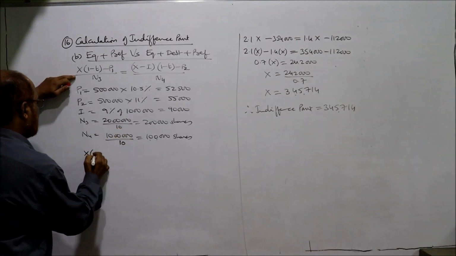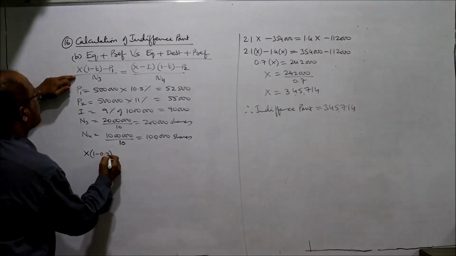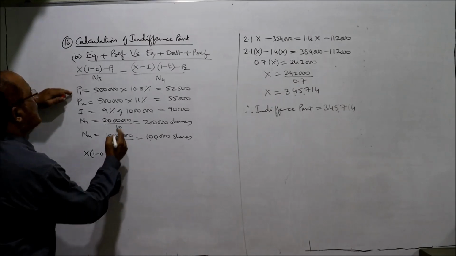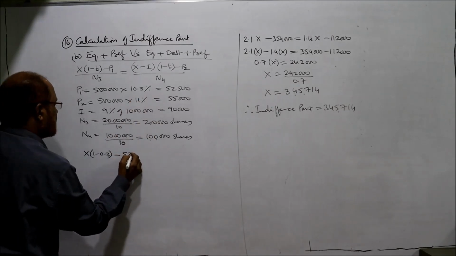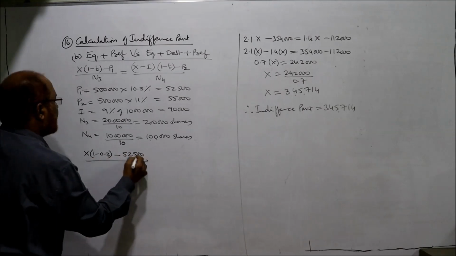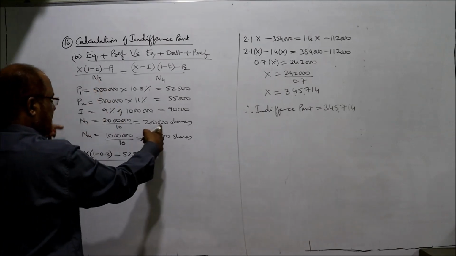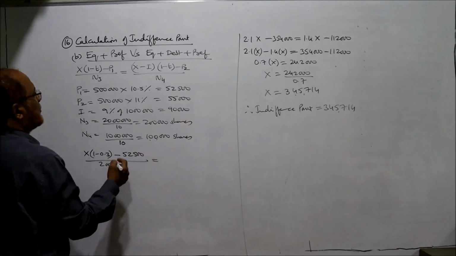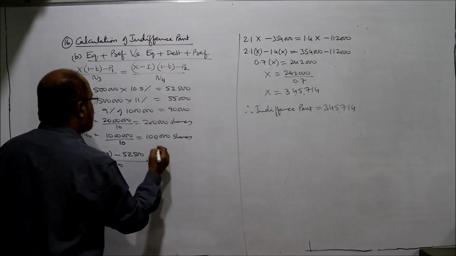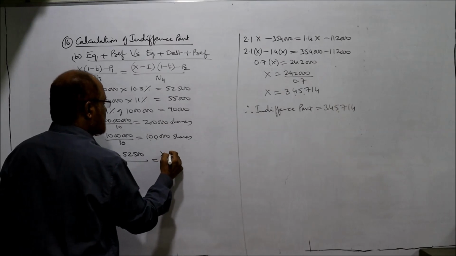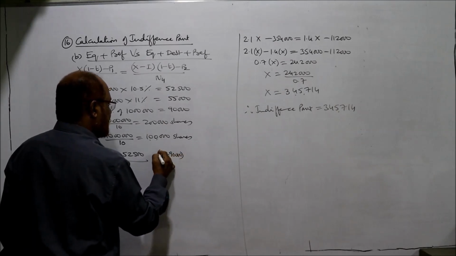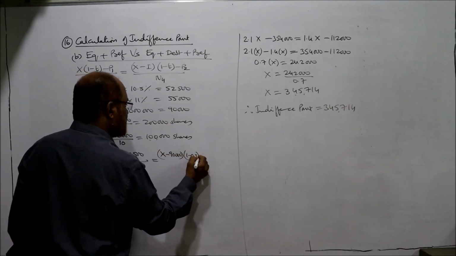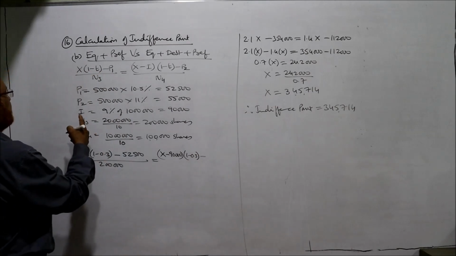X into 1 minus 0.3 minus P1. P1 is 52,500, divided by N3. N3 is 2 lakh shares, is equal to X minus I. Interest is how much? 90,000. 1 minus T, 1 minus 0.3, minus P2.